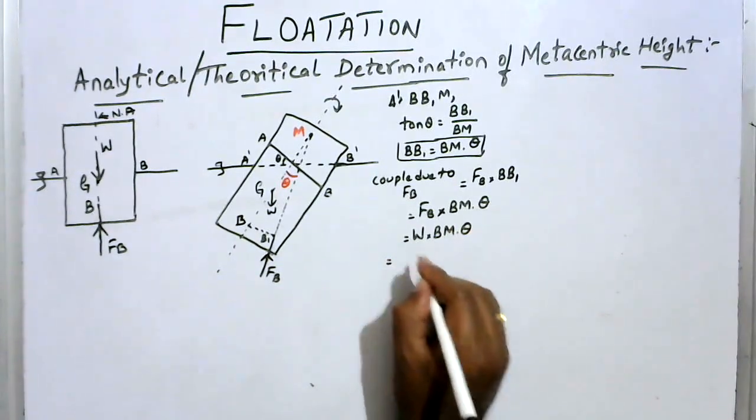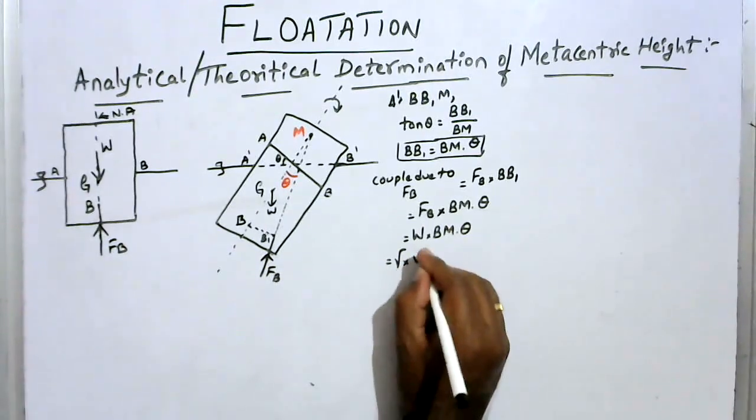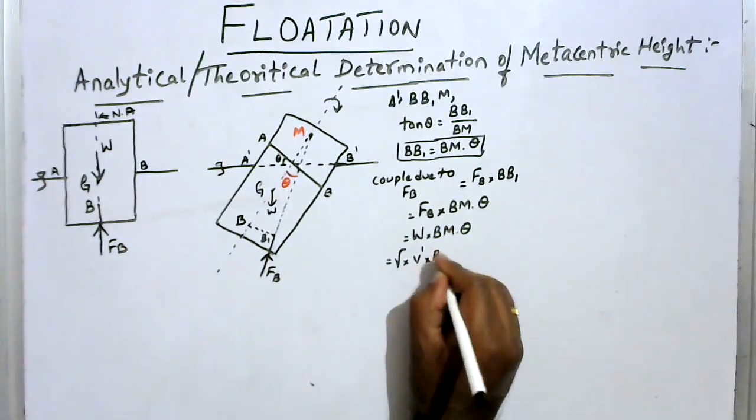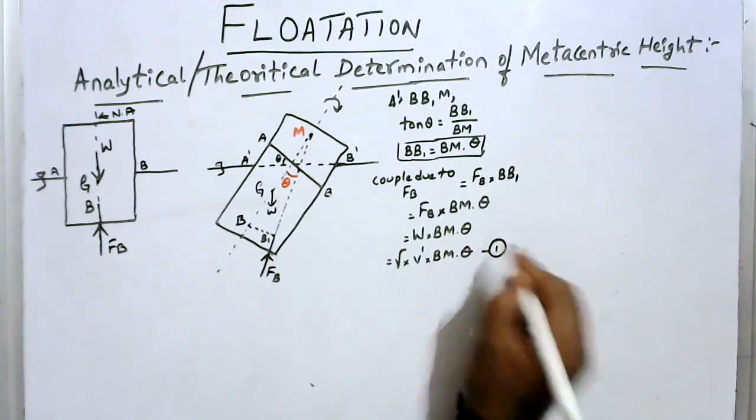This weight W is nothing but density multiplied by volume into BM into theta. Call this equation 1.